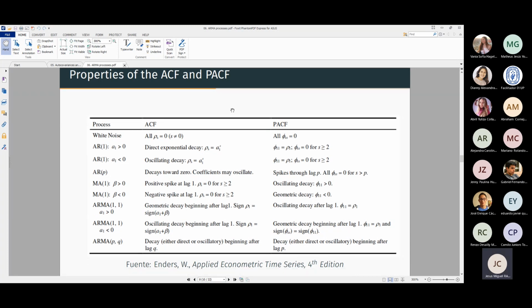That is the usefulness of using the ACF and PACF before running the model. And after running the model, you also use the ACF and PACF, but on the residuals, to make sure that it is white noise.